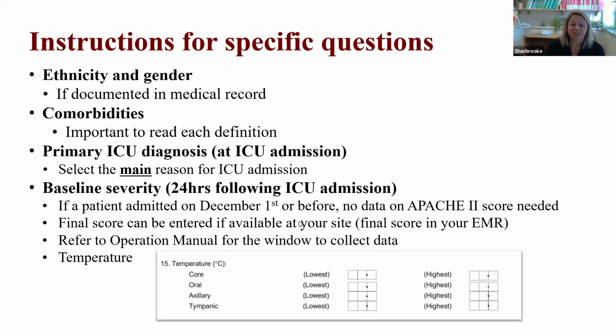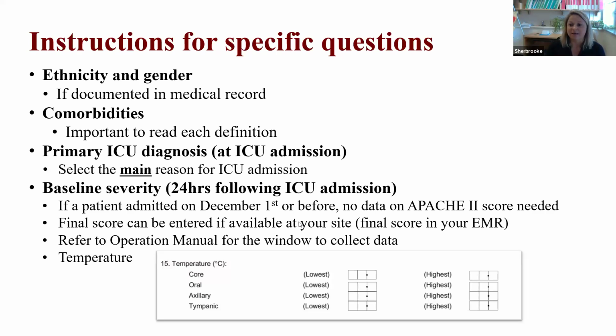But if the patient was admitted on or before December 1st, you won't have to collect data on Apache. If you enter this date, the raw data fields will disappear in RedCap, which means they are not needed.